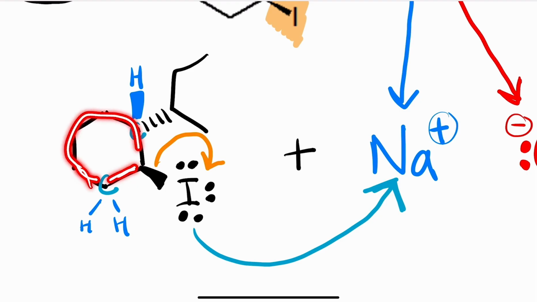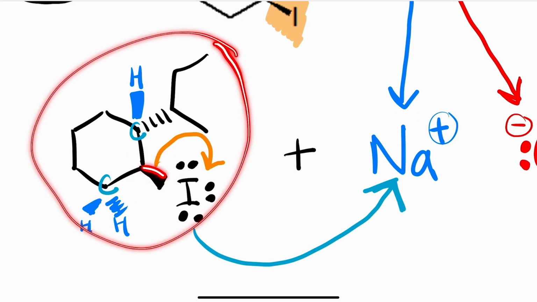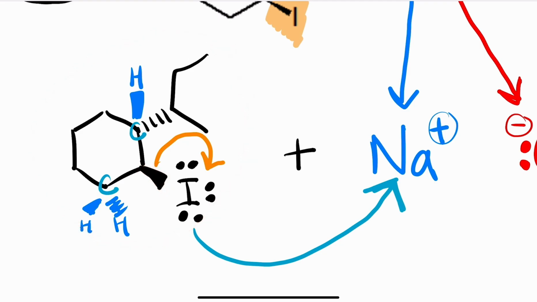These bonds are locked in because it's a cyclo, so there's no coming towards us or coming away from us. It has a hydrogen that's going in both directions, right? Because they want to spread out. This was coming towards us, and when you take a hydrogen in this scenario, it has to be a hydrogen that goes in the opposite direction.